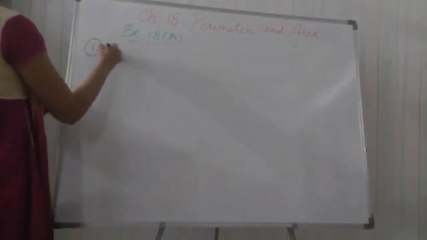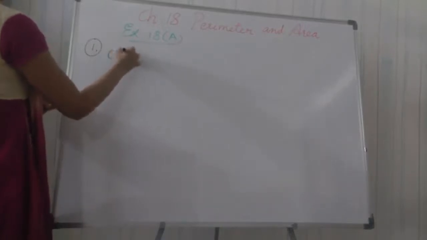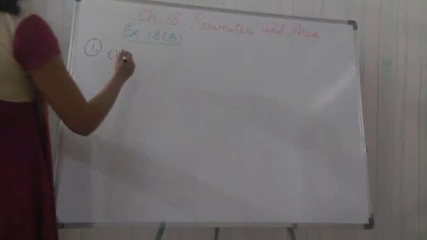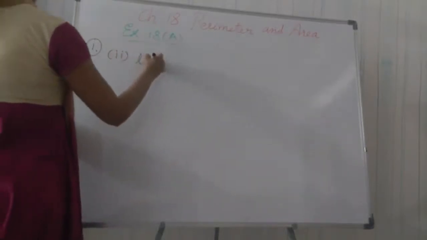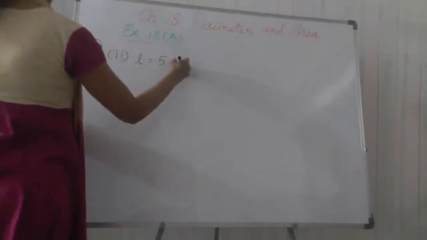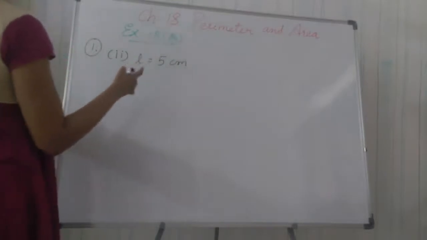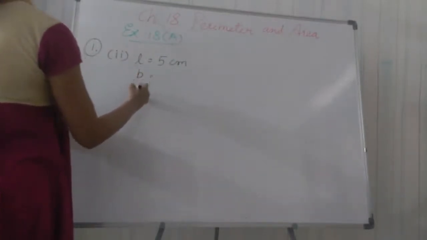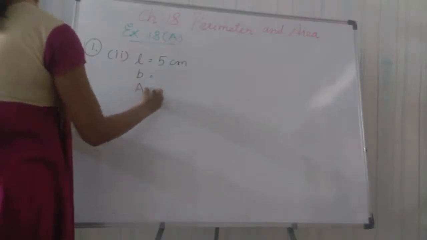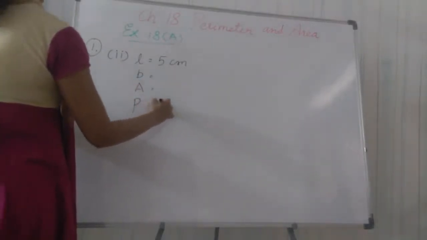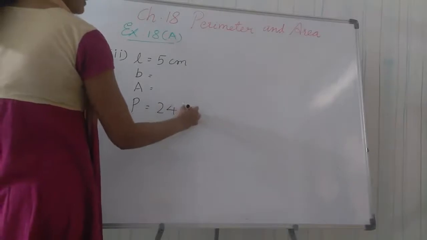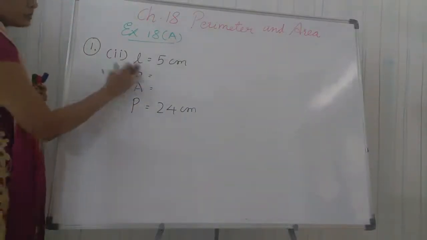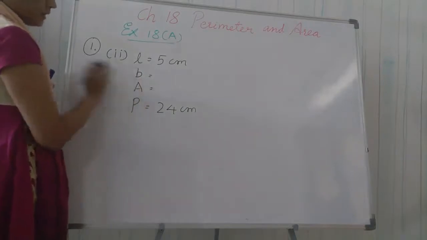First question, number 2 part. Here length is not given, length is given 5 centimeter, breadth not given, and area also not given. Right? You are given perimeter as 24 centimeters. So here, using these two values, first of all we find the breadth.